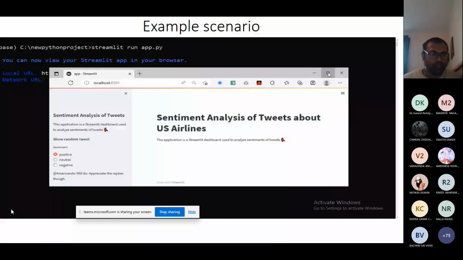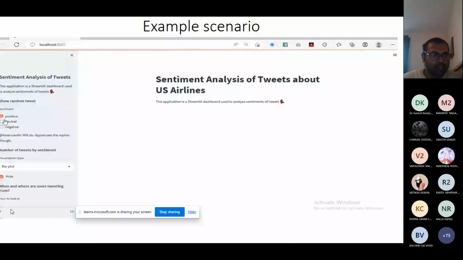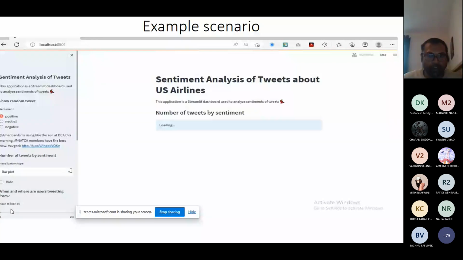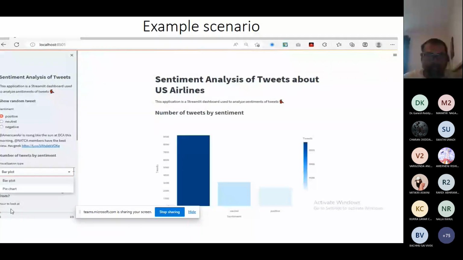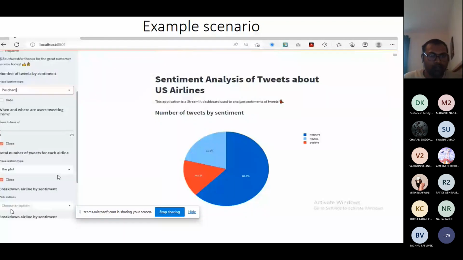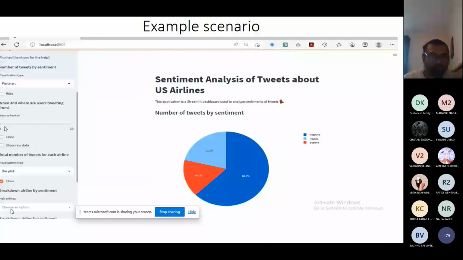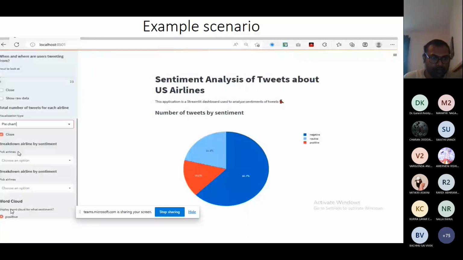Here we can give what visualization you want and what sentiment of the tweets you want. It will be downloaded. Number of tweets by sentiment with the visualization. Like what type of charts you want, you will get it.